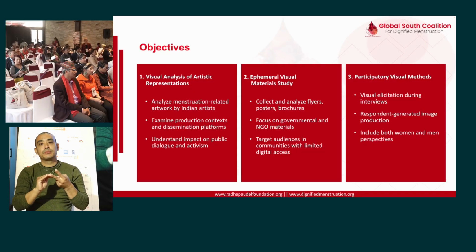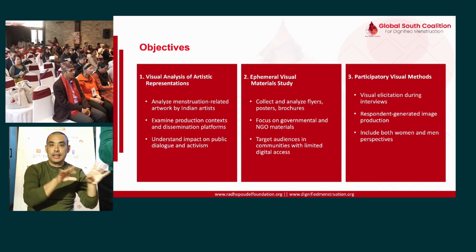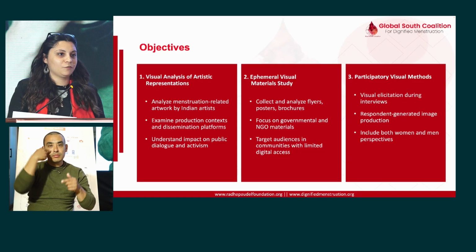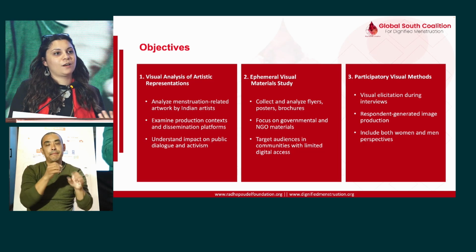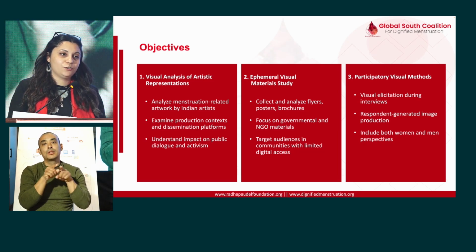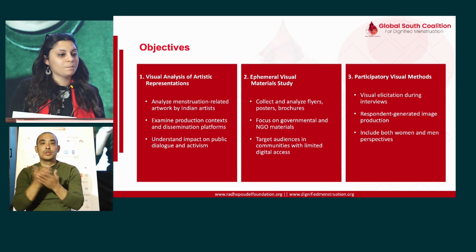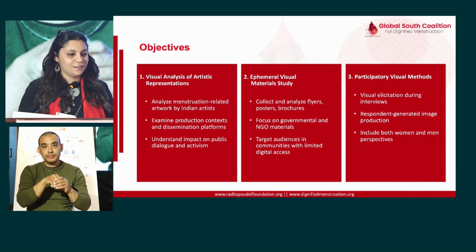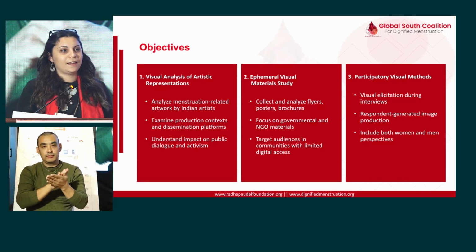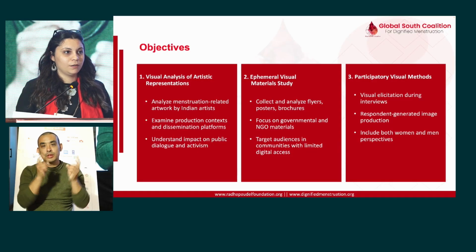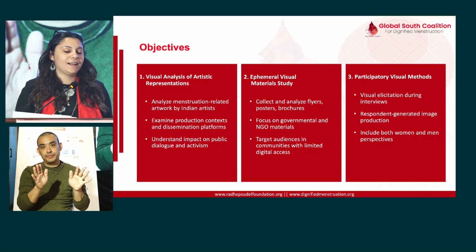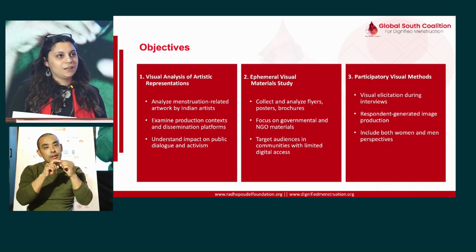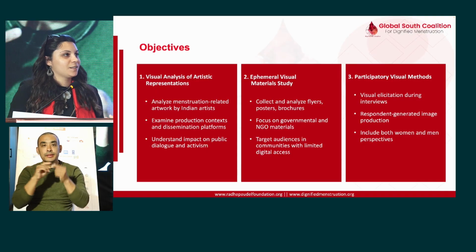Second, I'm trying to collect images that are in the city of Mumbai, and I'm also working with NGOs and organizations in Mumbai. And third, I'm using visual participatory methods, conducting workshops and asking participants to represent their experience of menstruation.